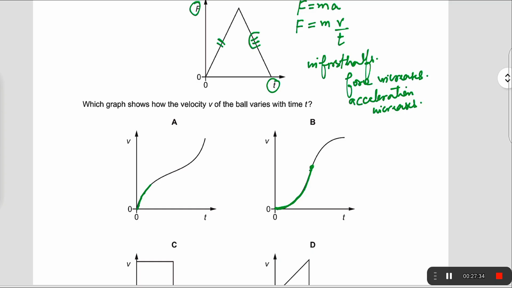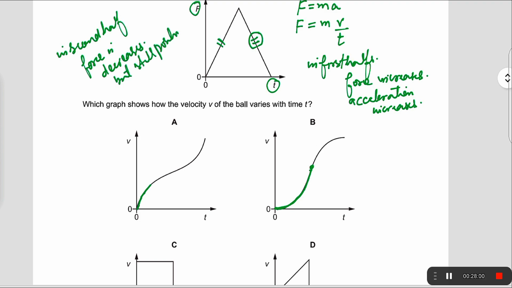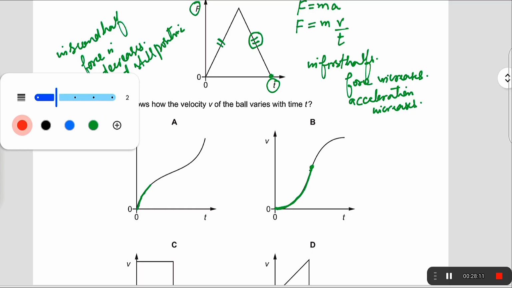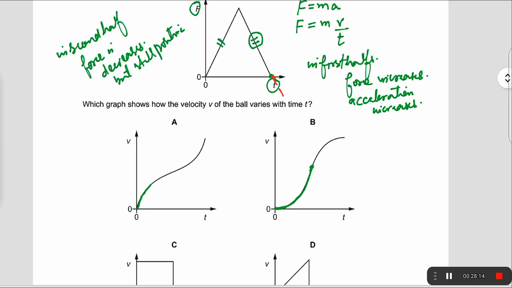In the second half, force is decreasing, but still positive, because the graph is not going in the downward direction. It does not cut the time axis and then go down like this.